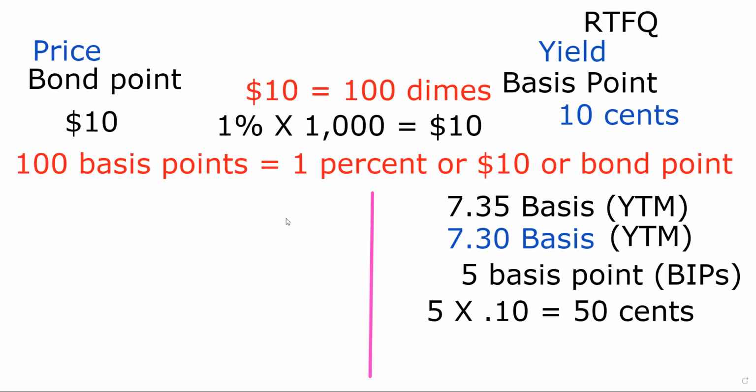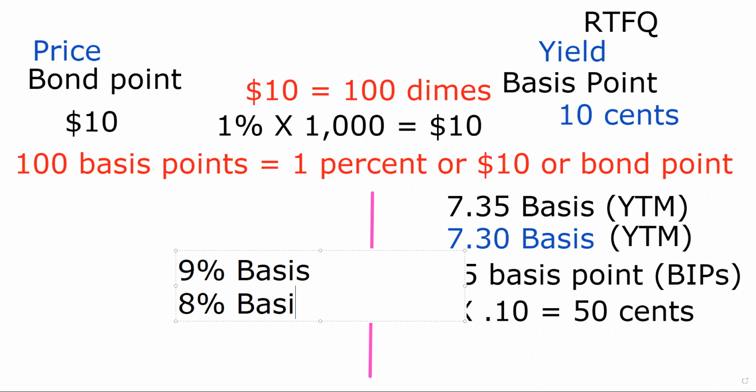Make sure you're being clear about a bond point, which primarily refers to a bond's price. They are related, but you have to watch when you're being asked about changes in yield. I'll give you one more here. Let's say a 9% yield to maturity or basis and an 8% basis or yield to maturity. No bond person is going to say the difference between those two bonds is 1%.